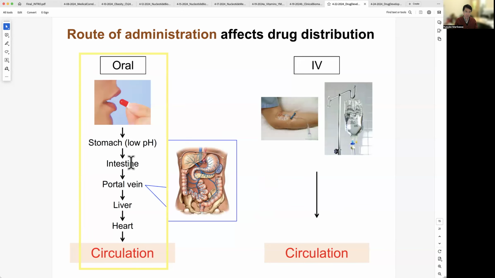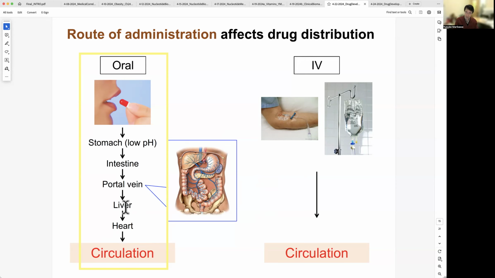There are 5 steps here: oral to stomach, intestine, portal vein, which is this blue blood vessel from the intestine up to the liver, and then liver up here into the heart, and the heart is going to pump out those drugs into the entire body.